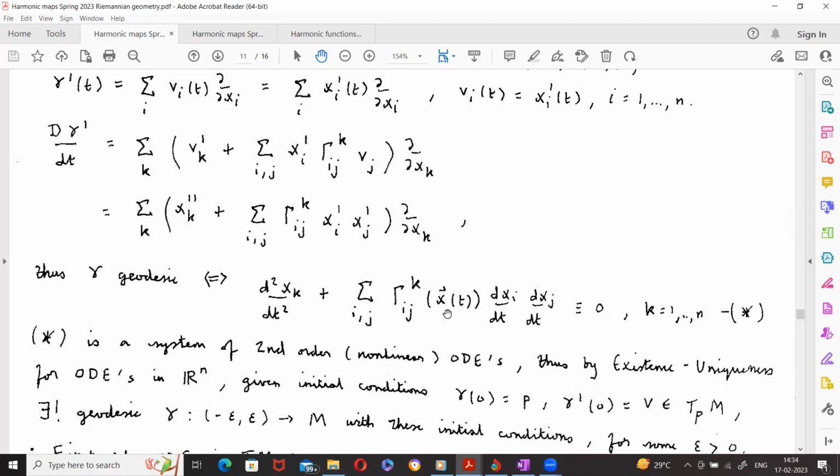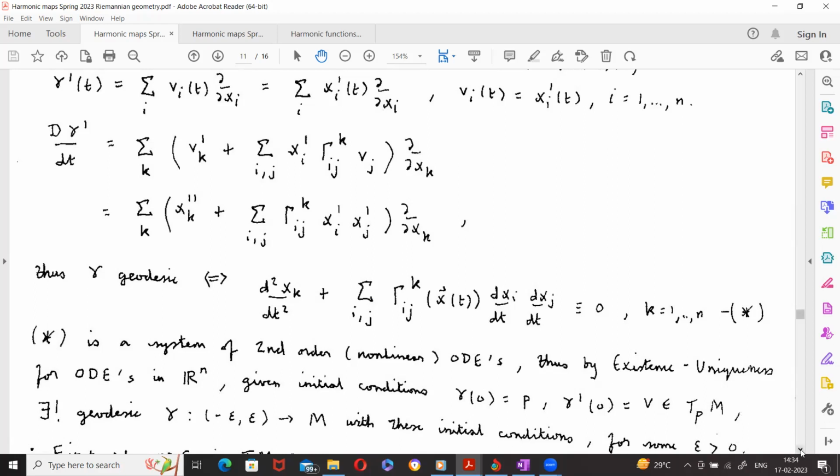All right. But now, since it's a second order ODE, the existence uniqueness theorem for ODEs in R^n says that given the initial conditions x_0 and x prime 0, you will have a unique solution, right? So x_0 corresponds to gamma(0) and x prime 0 gives you the value of gamma prime(0).